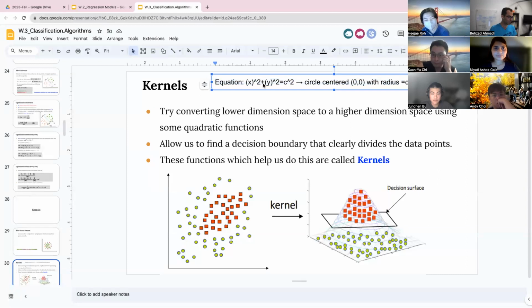Oh, interesting. So this is the circle centered around 0 with radius c. Now, what is this one? This is a circle centered around x1 and y1 with the same radius. So if you find this point here in the middle and call it x1, y1, this gives you this.